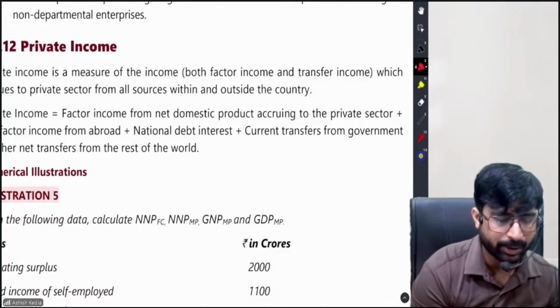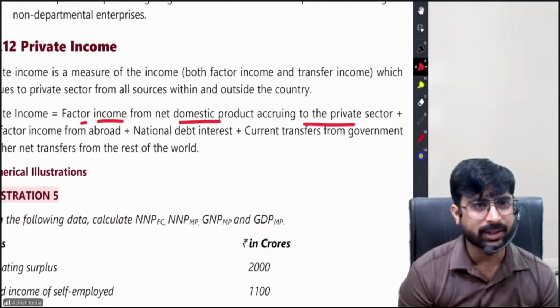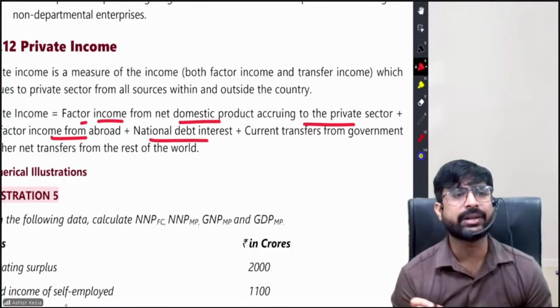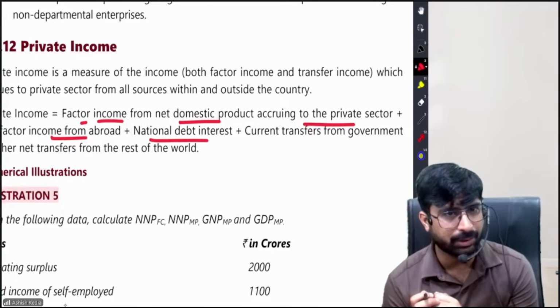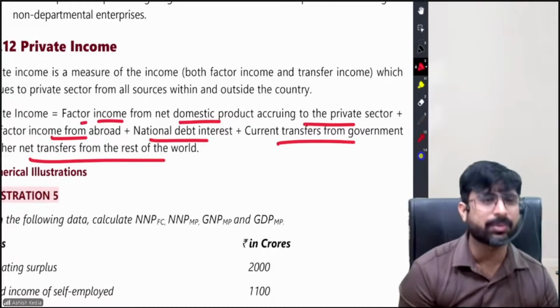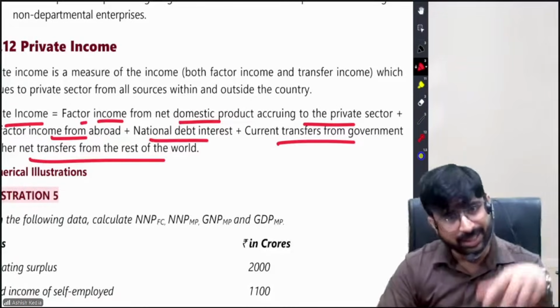Look at private income now. It is factor income from NDP accruing to private sector plus NFIA plus national debt interest. Government gives them interest when the government takes loan from them. That is also added. Current transfer from government and transfers from rest of the world. So in private income, everything is added, even transfer income.